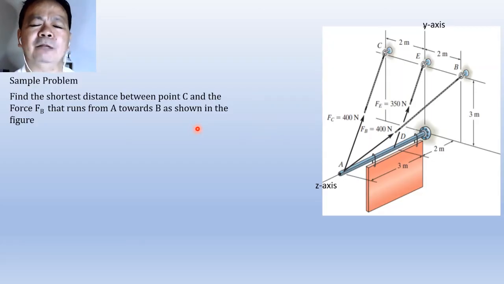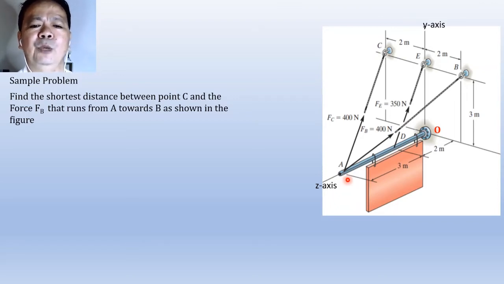So let us start by assigning the intersection of the X, Y, and Z axes as our origin, such that the coordinates of point A, point B, and point C should be taken.